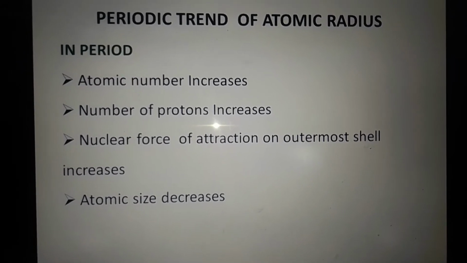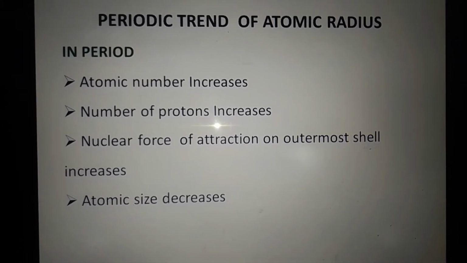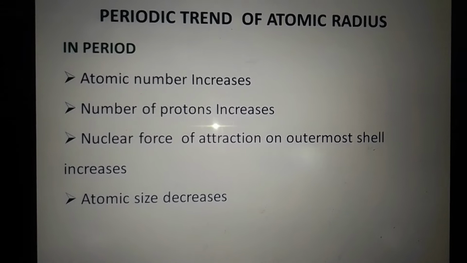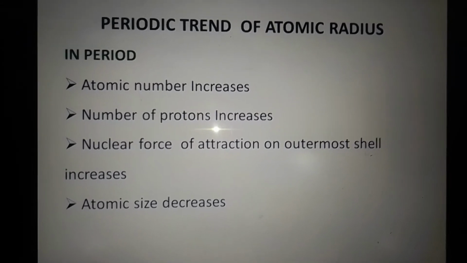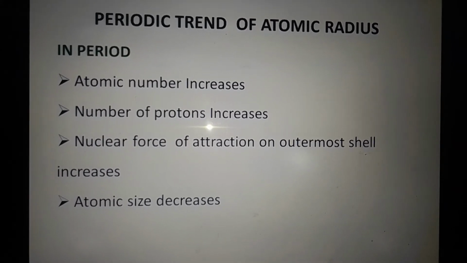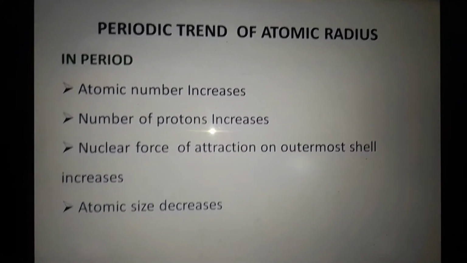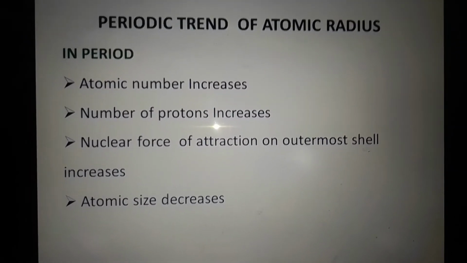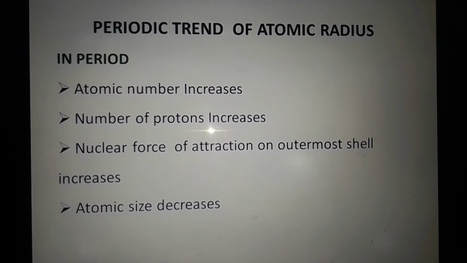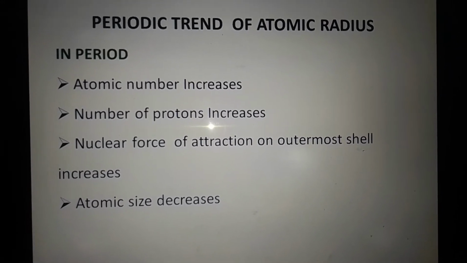As we go from left to right in a period, atomic number increases, and as the atomic number increases, the number of protons and electrons also go on increasing.